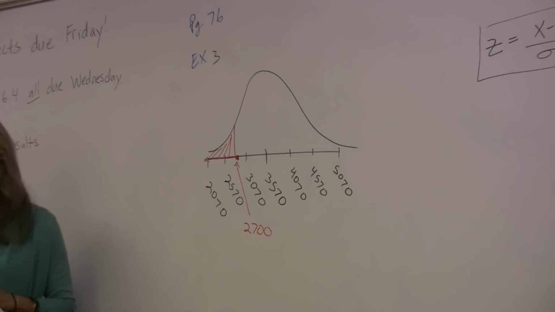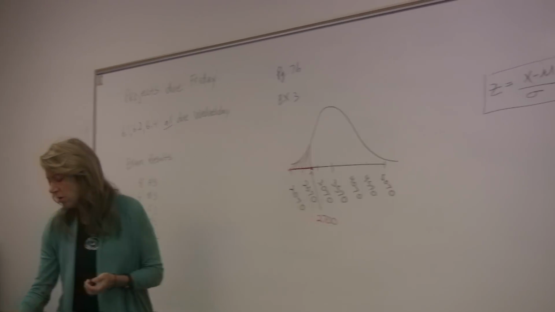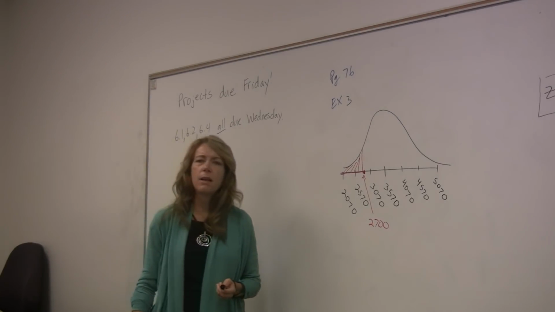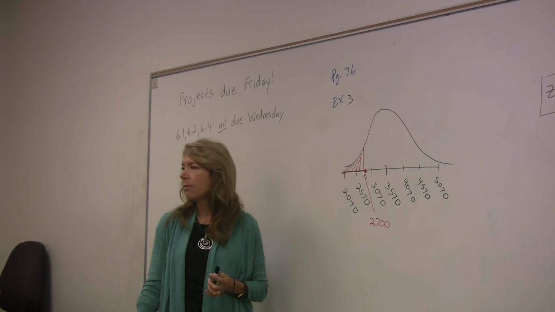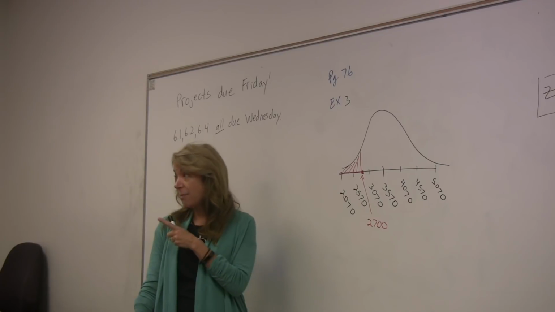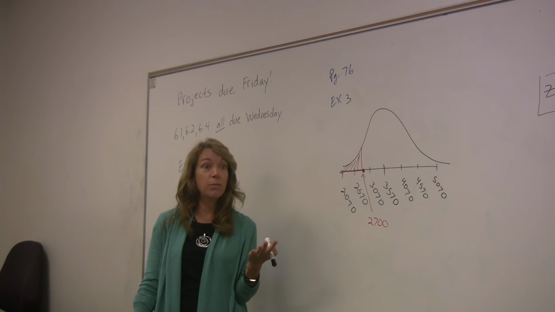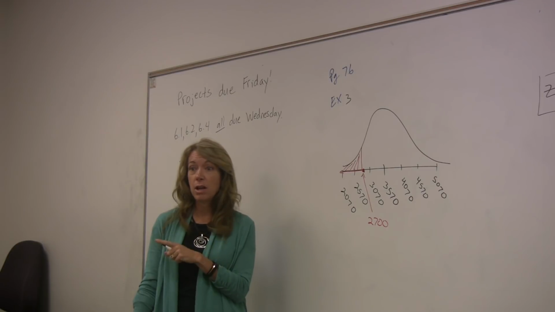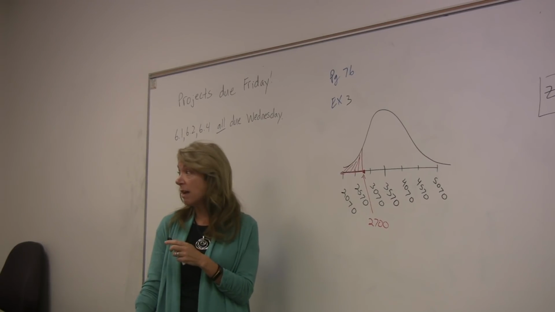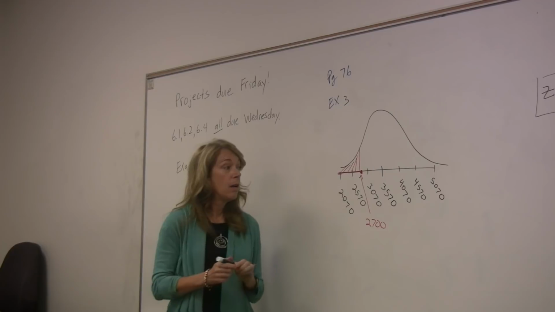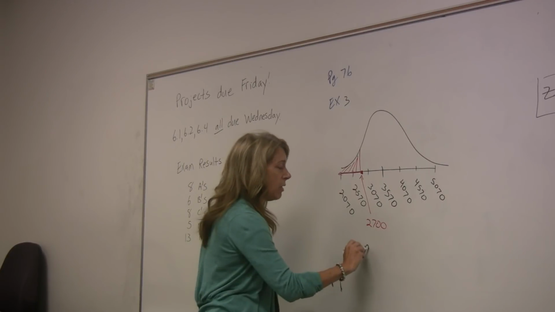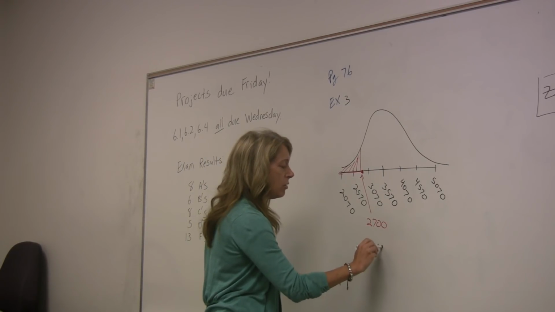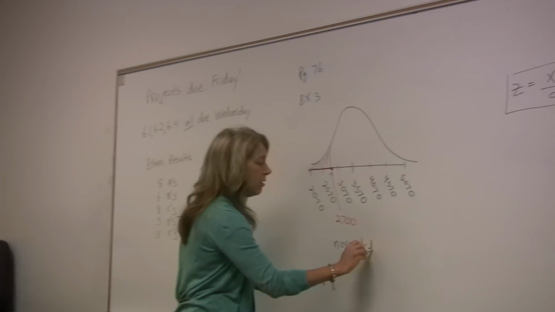Now the question says what percent? What percentage? What's that asking me to do? Find the probability and then change your answer to a percent. So if we want to find the probability, Christiana a minute ago said that's when we do normal CDF. We have the X, right? We want normal CDF.